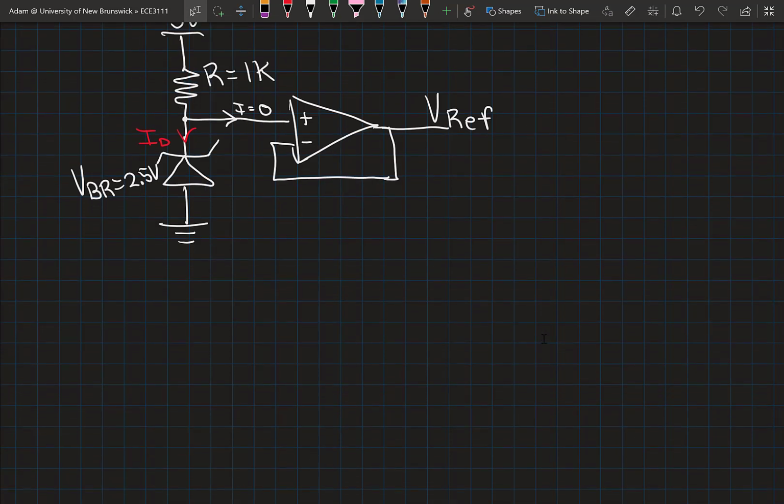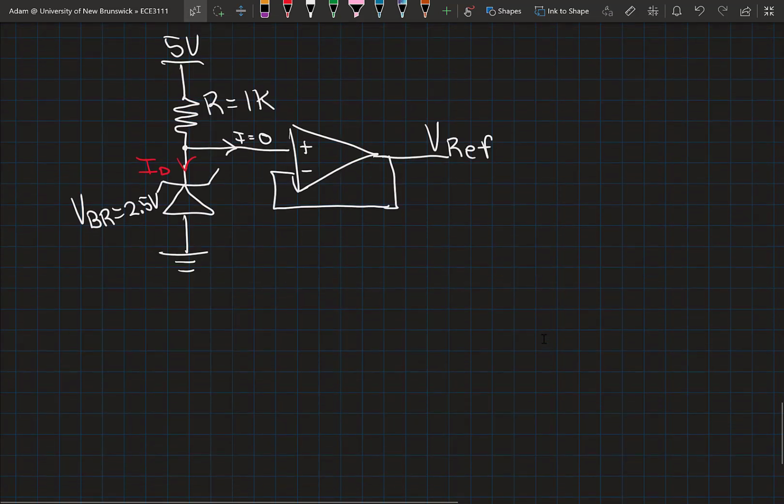Even as it stands, the Zener diode and its operating point is going to be impacted a bit as the power supply voltage changes, as we stated.